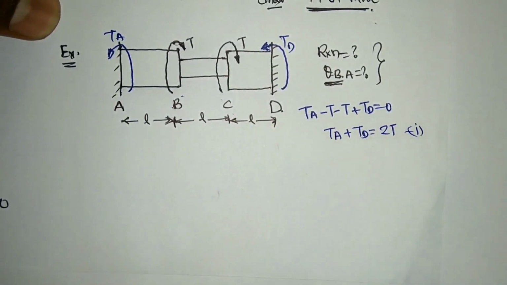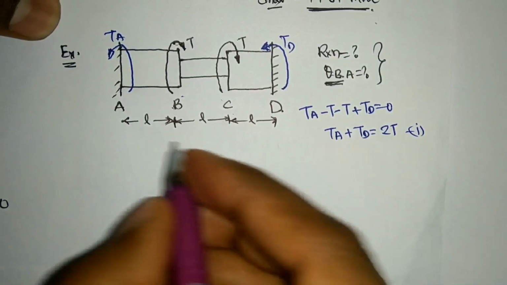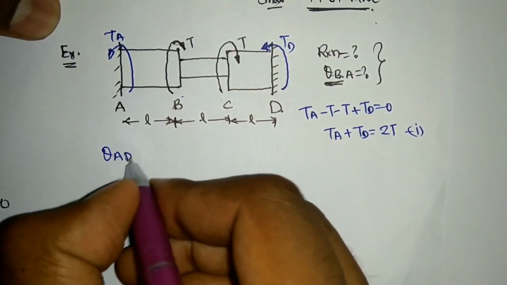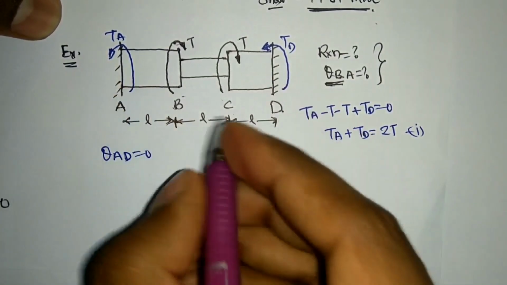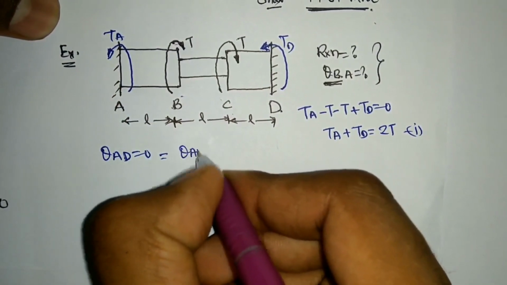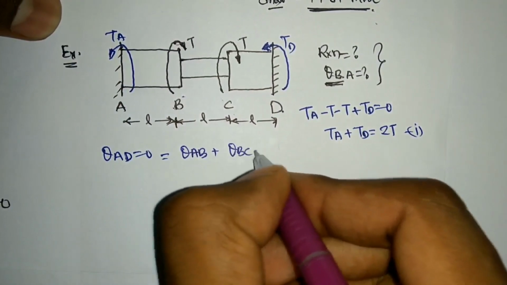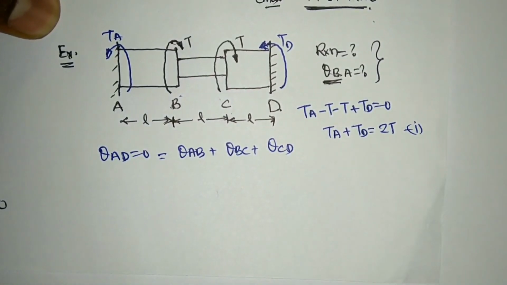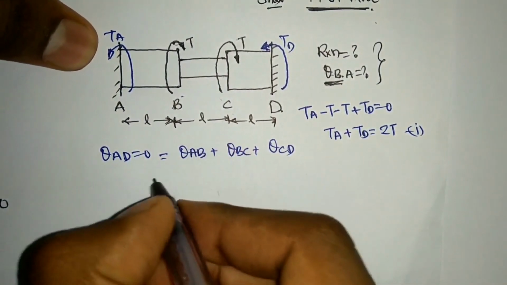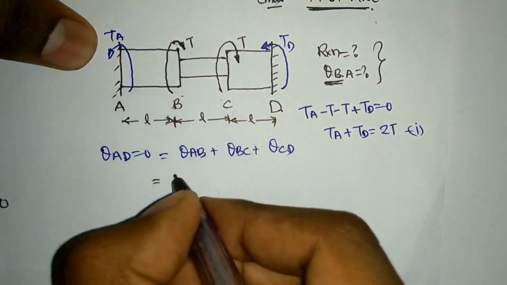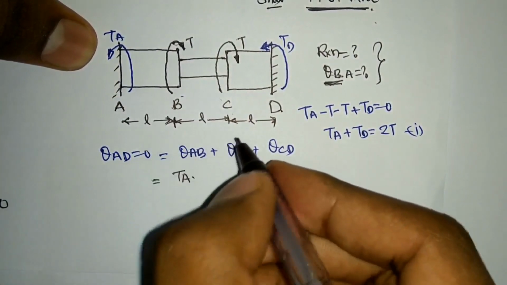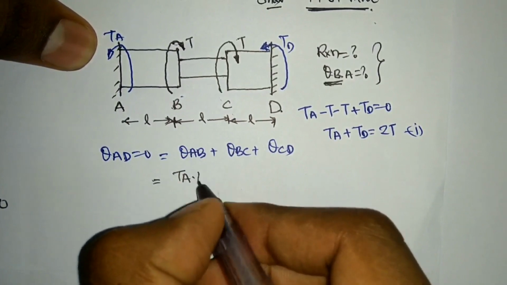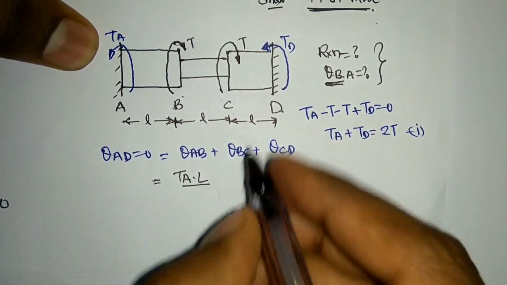That is my first equation, okay. Second equation I will write from the theta. Theta of AD is equal to 0 because both ends are fixed, and that is equal to theta of AB plus theta of BC plus theta of CD, okay. Now I put all these values, okay. So these values will give me theta from A to B is TA into L divided by GJ, okay.